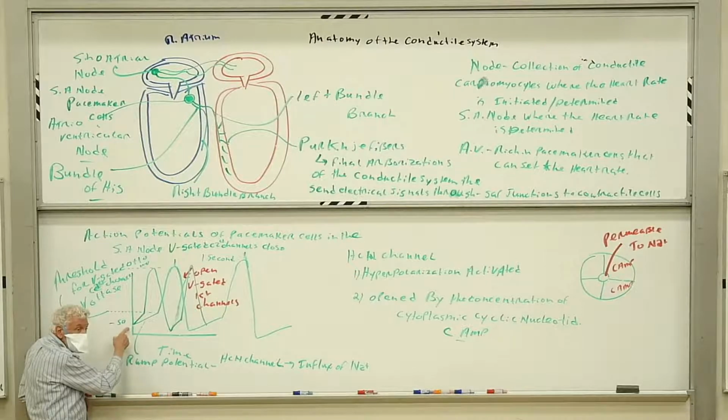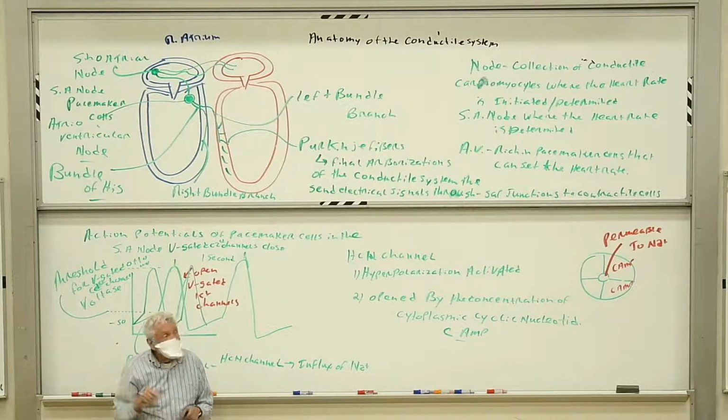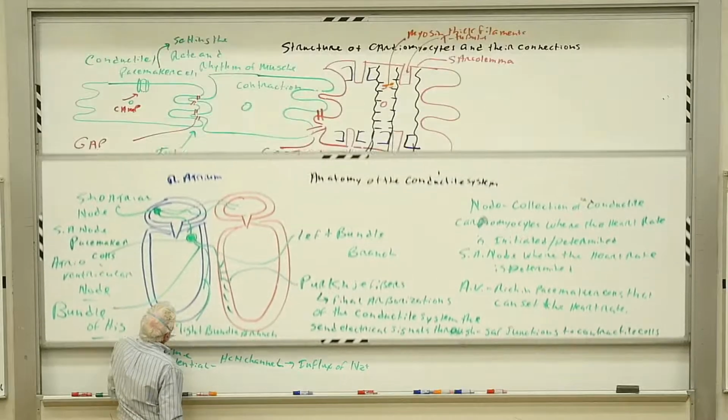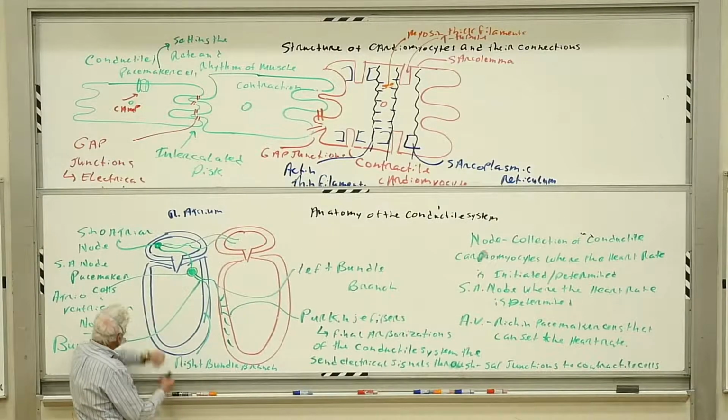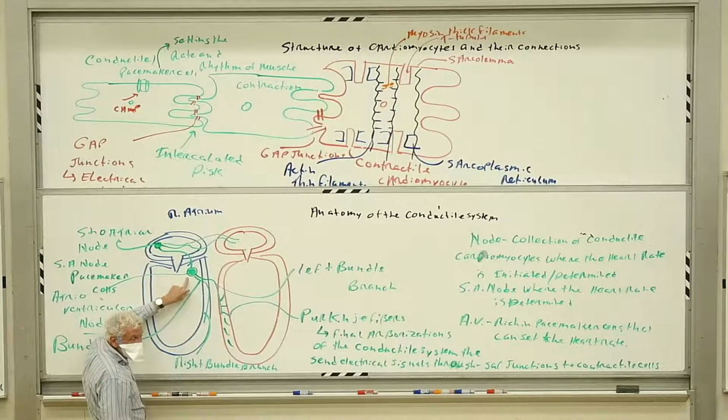By increasing the rate of rise of the ramp potential, we'll more rapidly reach threshold and increase the rate of this pacemaker cell firing. When that pacemaker cell fires an action potential, it then begins the process of propagating this potential down to the AV node.